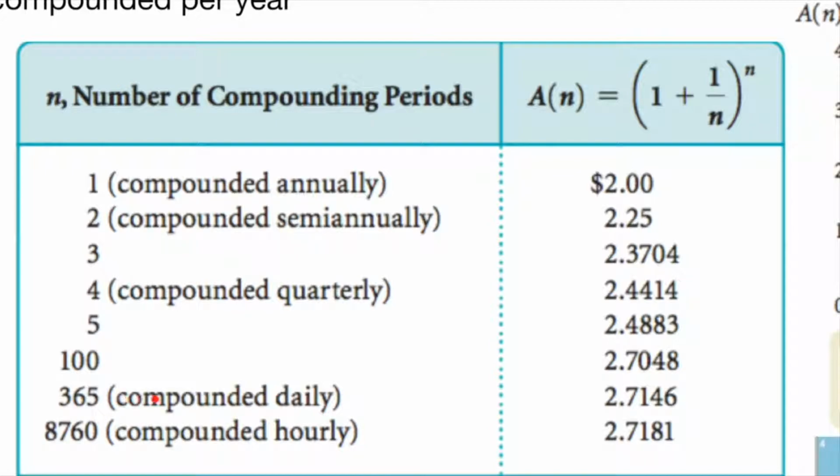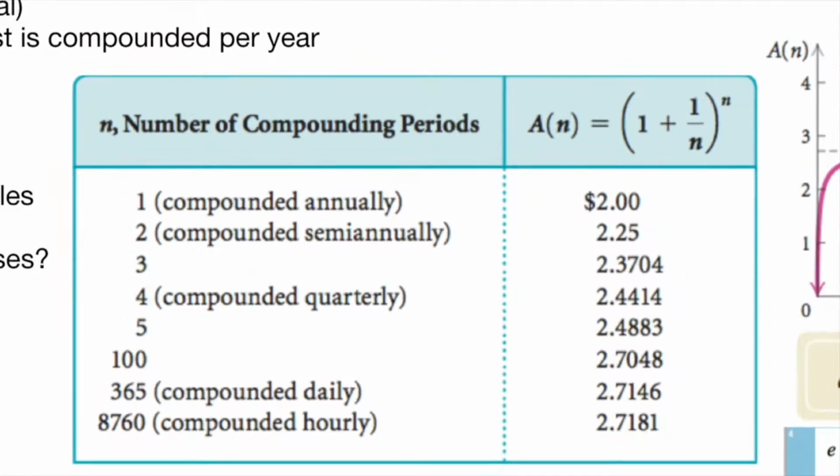If you got interest 365 days a year, like at the end of every banking day, they gave you 1/365th of all of your interest, then yeah, it would get more than before. And if you did it every hour, like 365 times 24 hours a day, it would look like this, 2.7181.